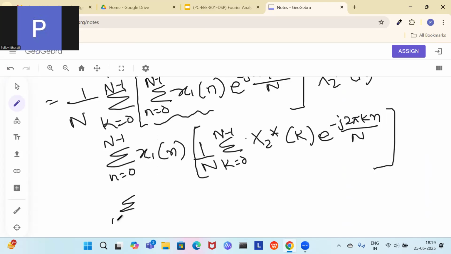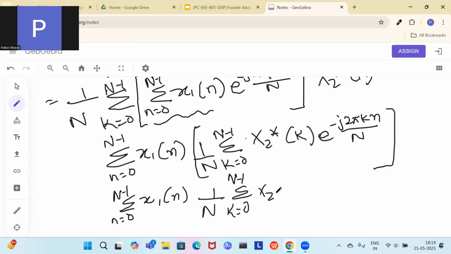So it becomes summation n equals 0 to N minus 1 x1n, times 1 by N summation of x2k e to the power j 2 pi k n by N, and then we take the conjugate outside.